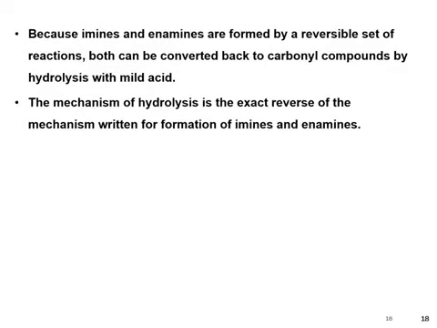Because imines and enamines are formed by reversible sets of reactions, they can be converted back to the carbonyl compound by hydrolysis with aqueous acid. The mechanism of hydrolysis is the exact reverse of the mechanism written for formation of imines and enamines. Due to this hydrolysis nature of enamine, it may be used as a protectant in organic synthesis.